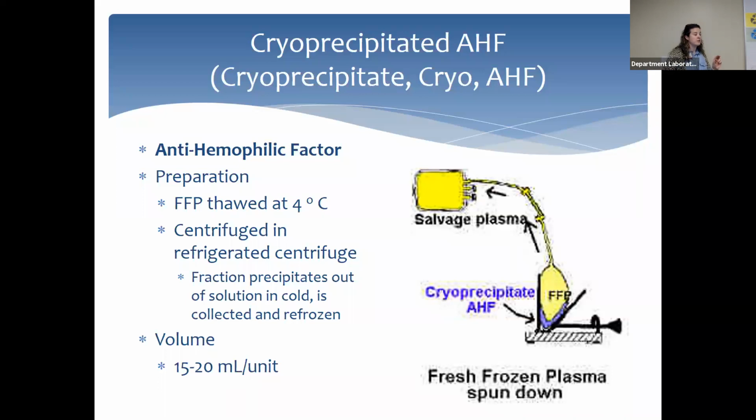What's going to happen is you're going to have this very white precipitate form in that FFP. That precipitate is your cryo. And it's only a very small amount, usually like 15 to 20 mils a unit. So we have to pool cryo to achieve our therapeutic dose.